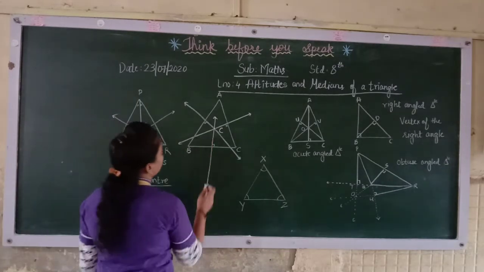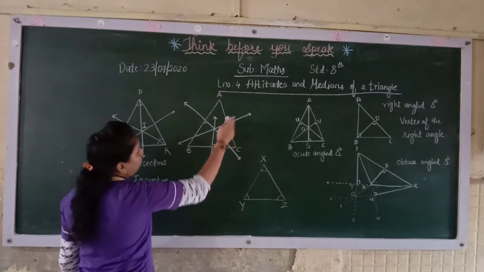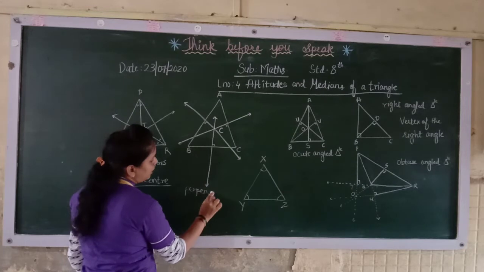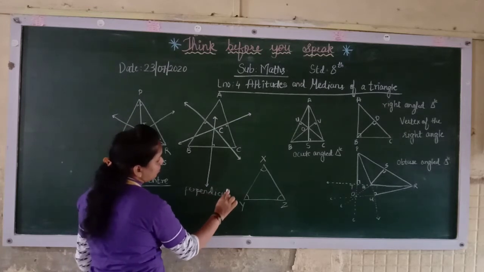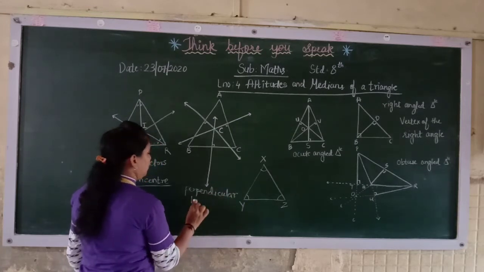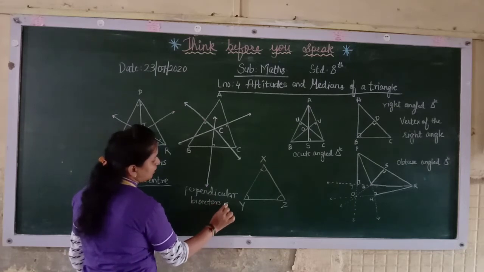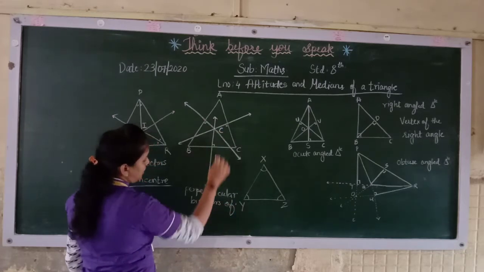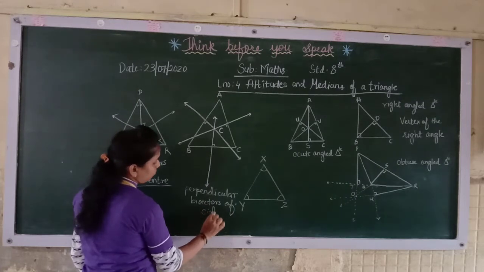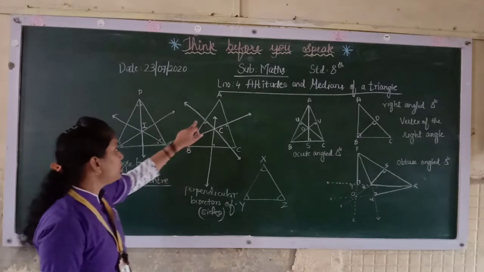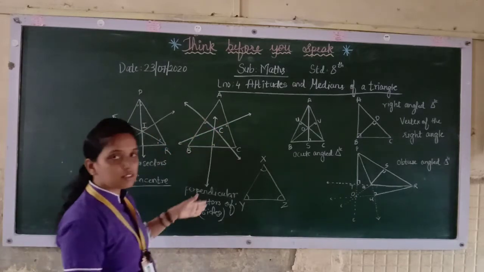Now if you see over here, what I have drawn are the perpendicular bisectors. They are the perpendicular bisectors of the sides. So if you see, we have bisected the sides.